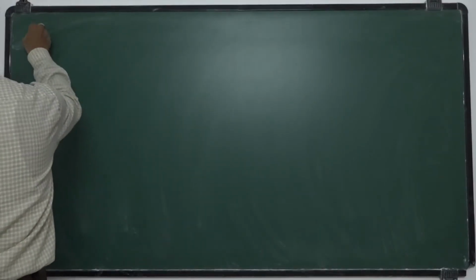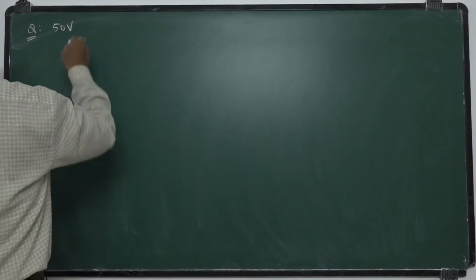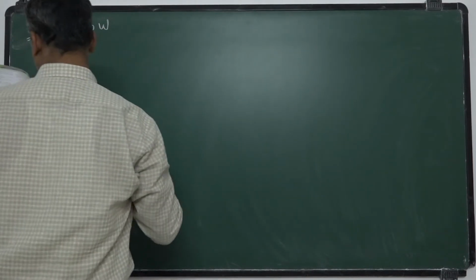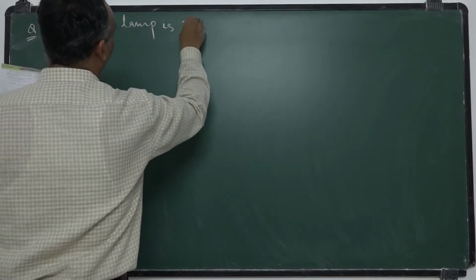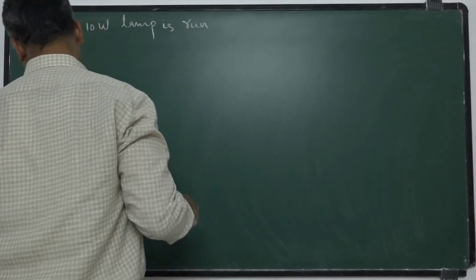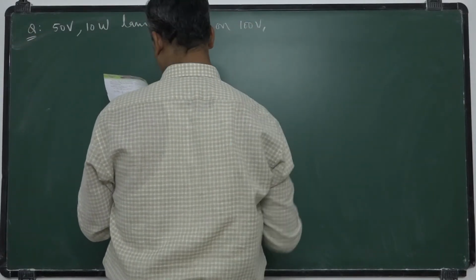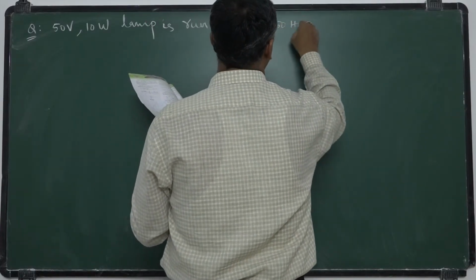Next question we are going to discuss here is: a 50 volts, 10 watt lamp is run on 100 volts, 50 Hz AC.